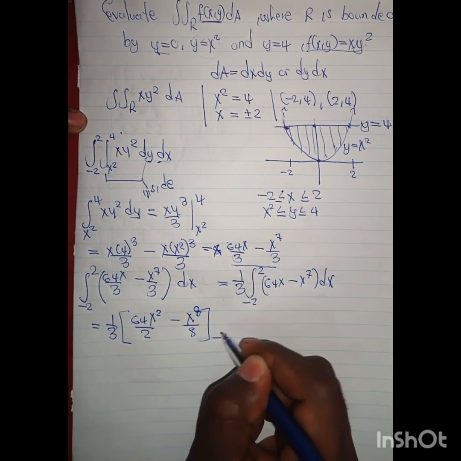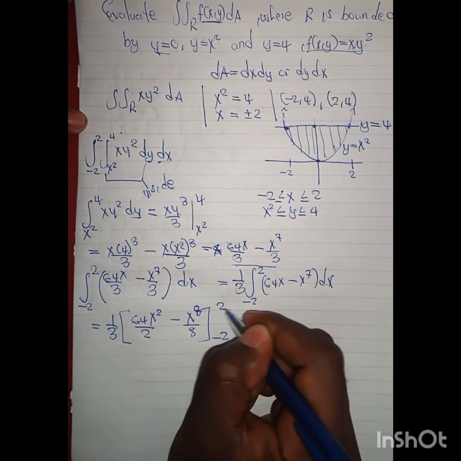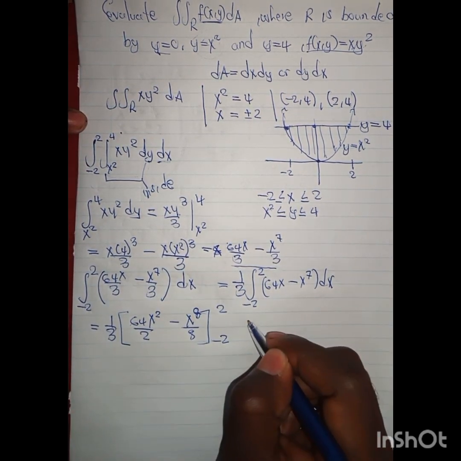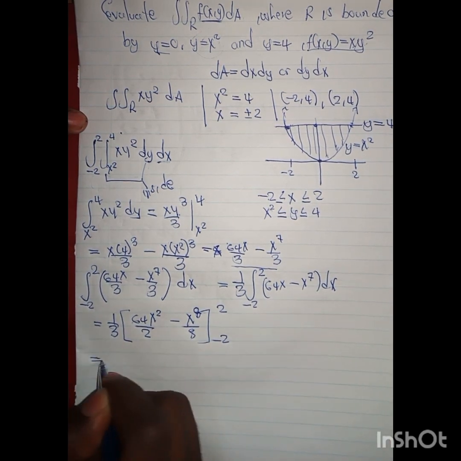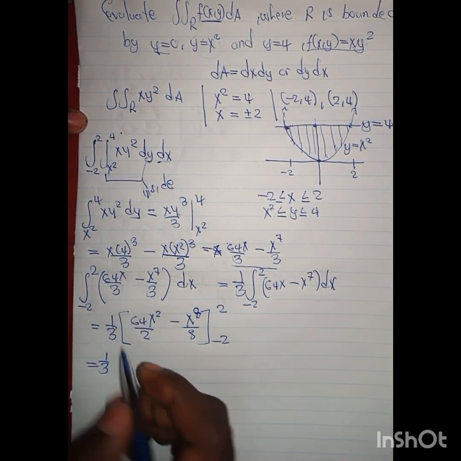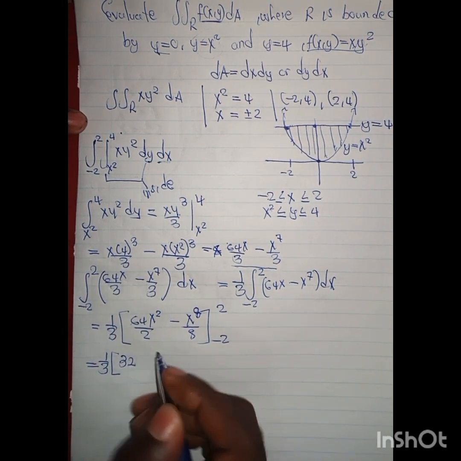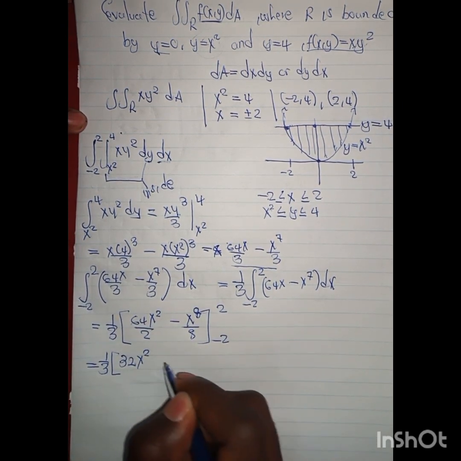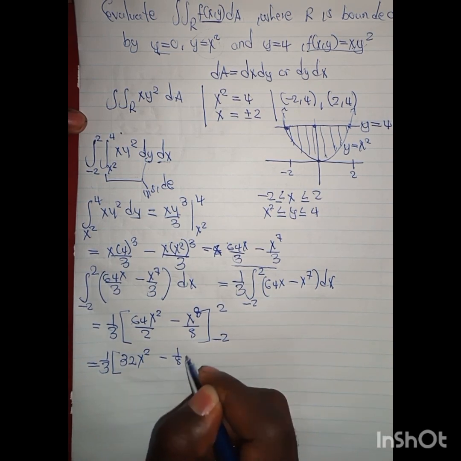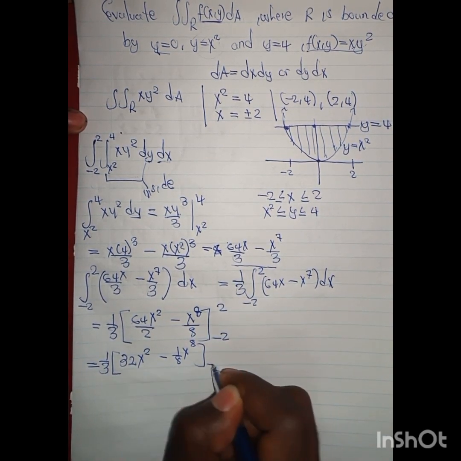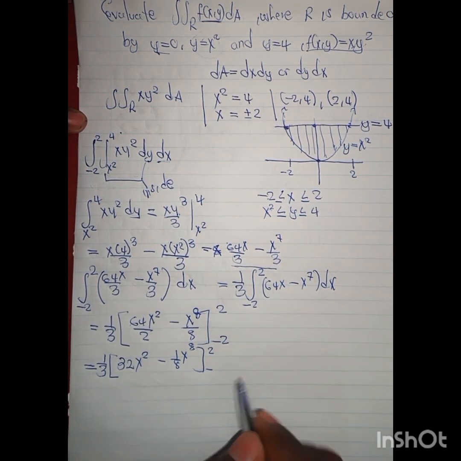The limits run from minus 2 up to positive 2, as you can see. And then this is nothing but 1 over 3, times 64 over 2, which is 32, x squared, minus 1 over 8, x to the 8th, from minus 2 to positive 2.